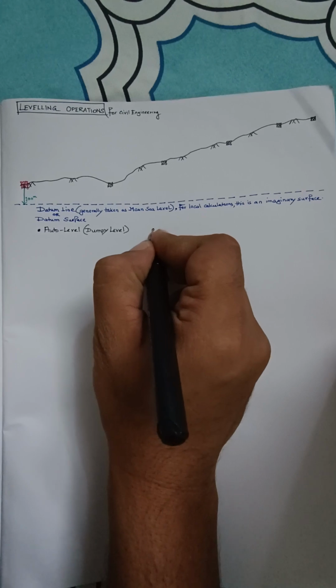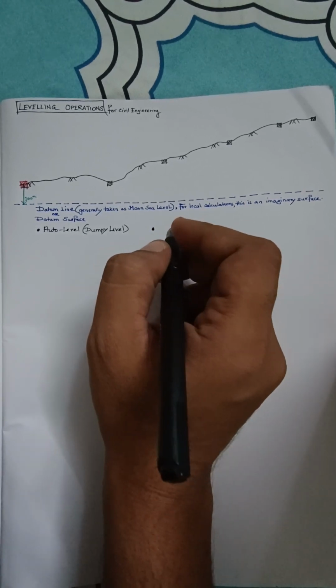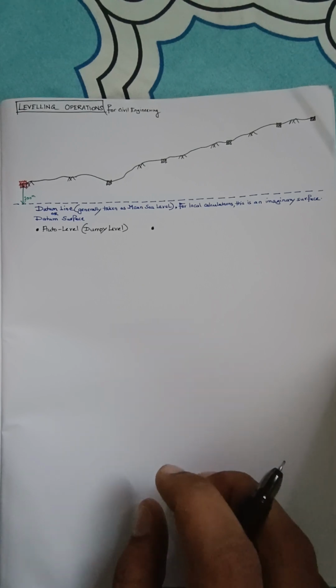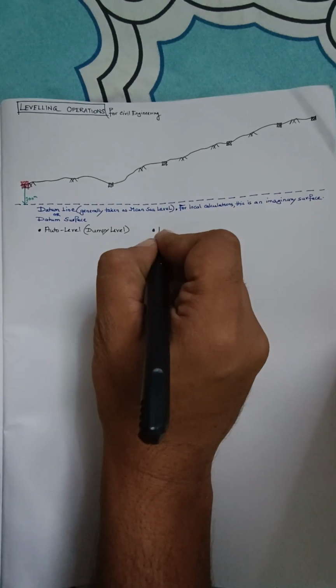Now, what are you going to see through the telescope? It's not me, it's not you. It's basically a ruler-like thing, like the one in your pencil box, which may be 15 centimeters, sometimes 30 centimeters. In this case, we have a ruler almost as long as 4 to 5 meters. We call it a leveling staff.